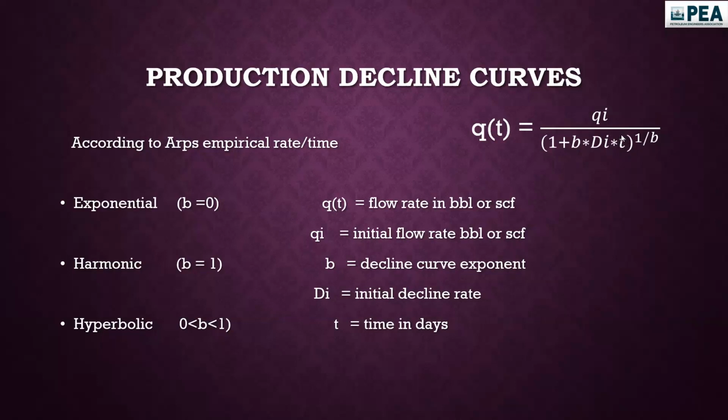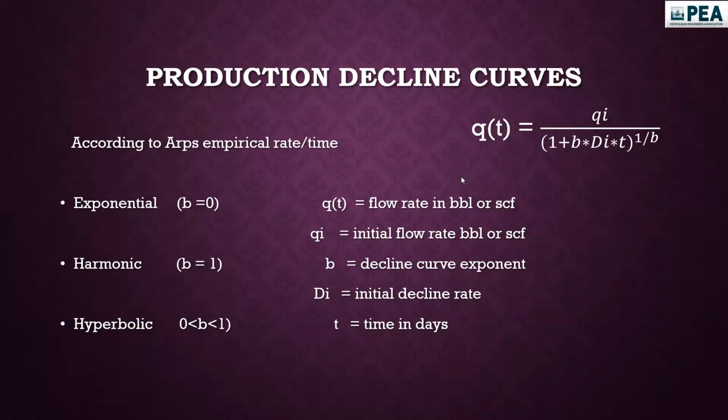So if you define the values of b, Di, and Qi, then you can start forecasting forward. This is the ARPS equation, but it will change when you apply b as 0, b as 1, and b in between 0 and 1.